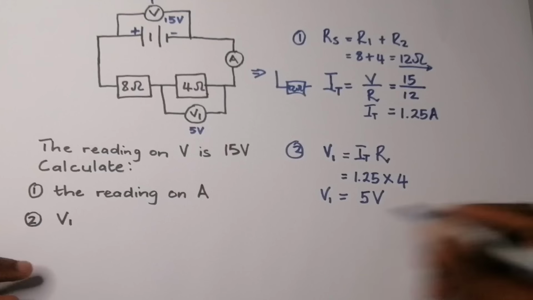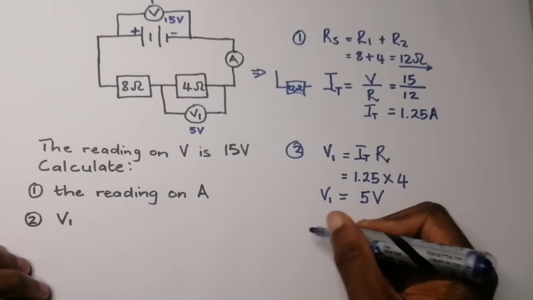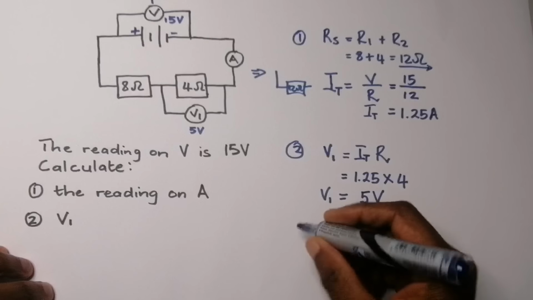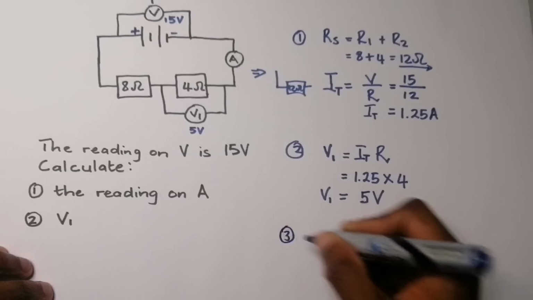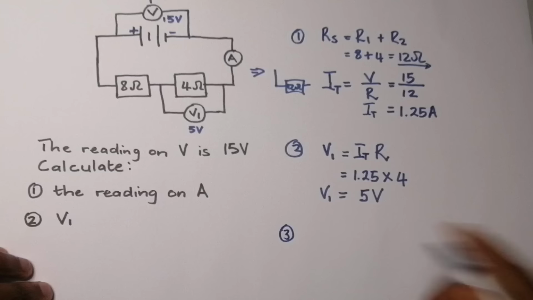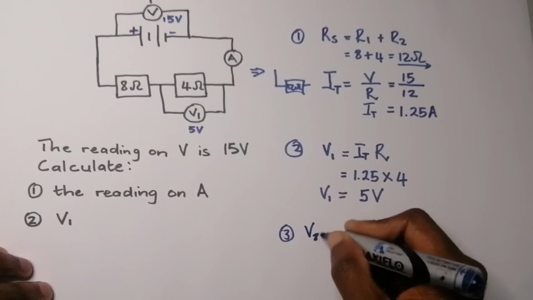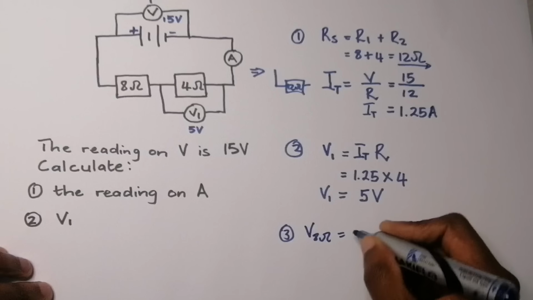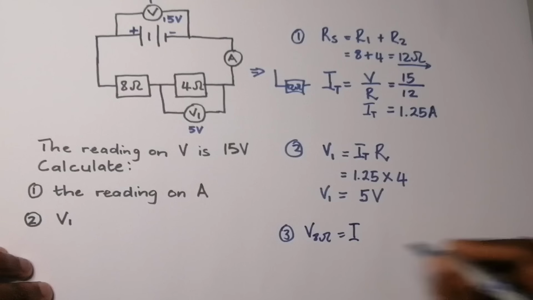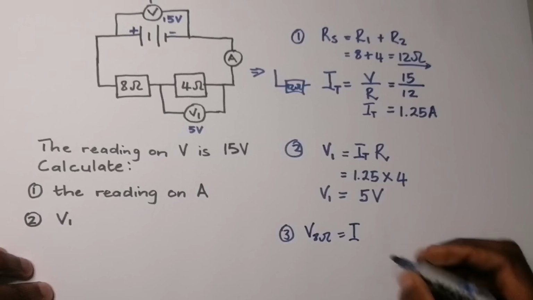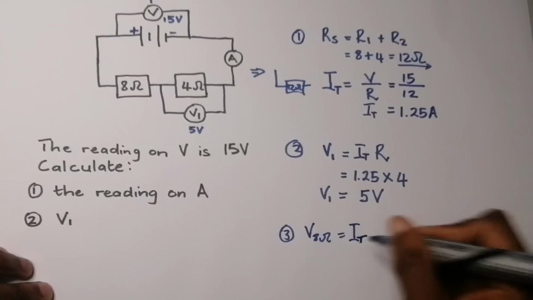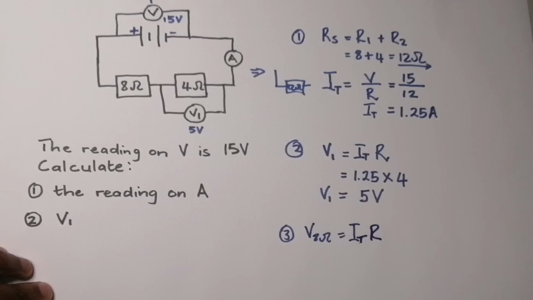Now, there are two ways in which you could find out what is the voltage across the 8 ohm resistor. I know we didn't ask that there, but if I wanted to determine the voltage across the 8 ohm resistor, so number one, I could say, well, the voltage across the 8 ohm is going to be the current. Now, which current is passing across 8 ohm? It's going to be the total current multiplied by the resistance, right?